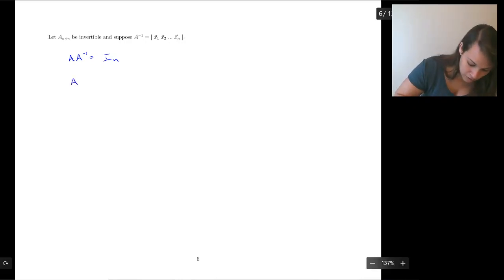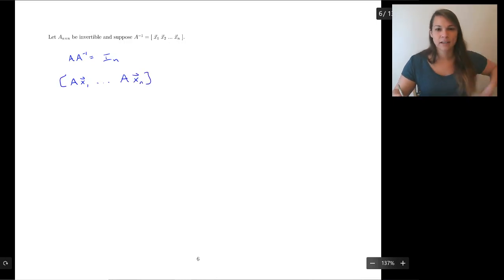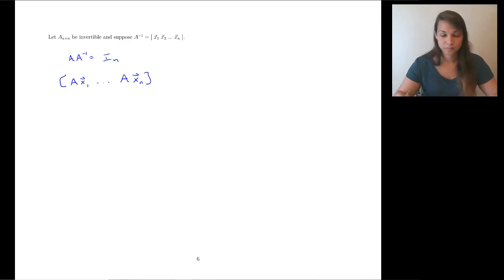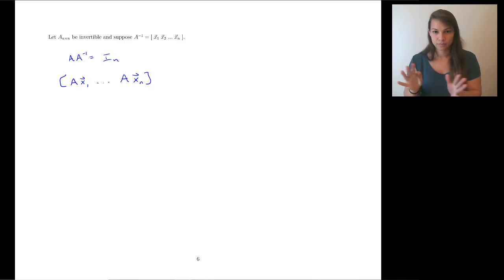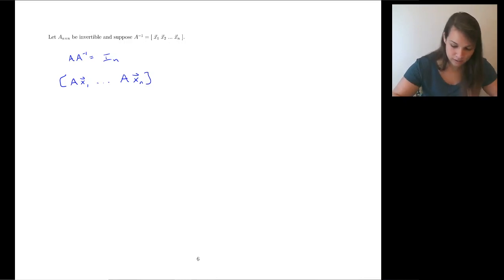So I'm going to rewrite A times A inverse as this. Right? That's the definition of matrix multiplication. So each column of A inverse has been multiplied with A. Those are going to be the columns of our new matrix.